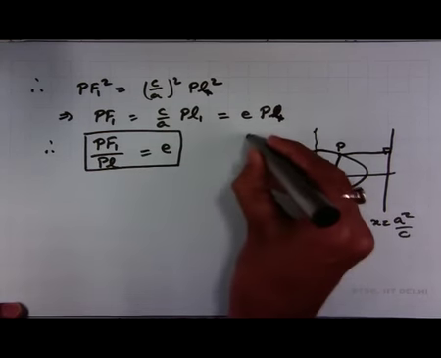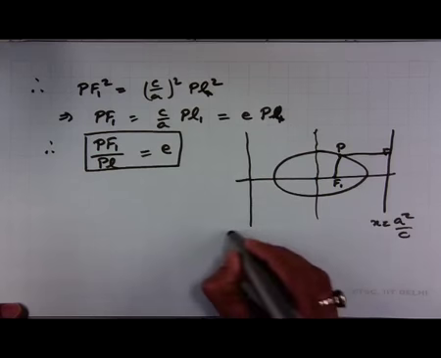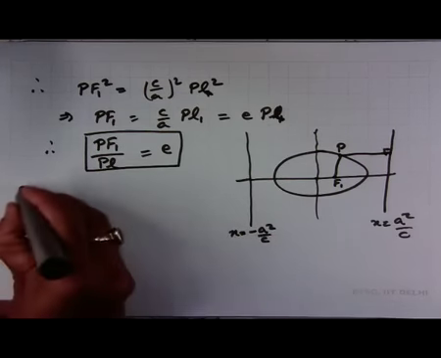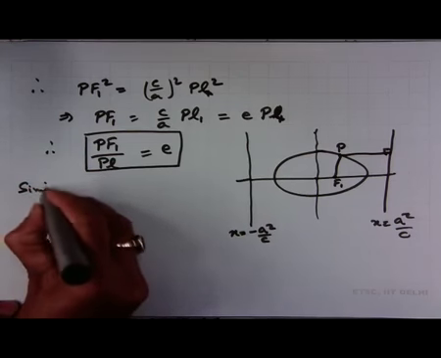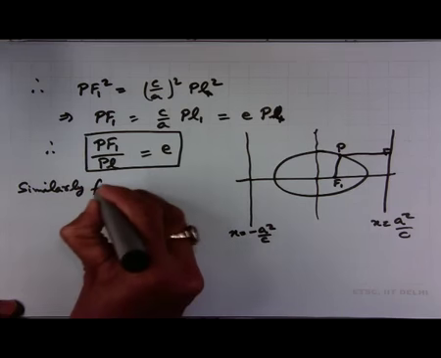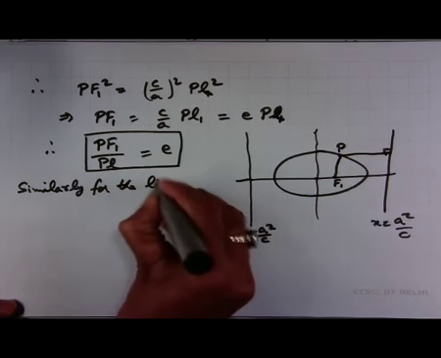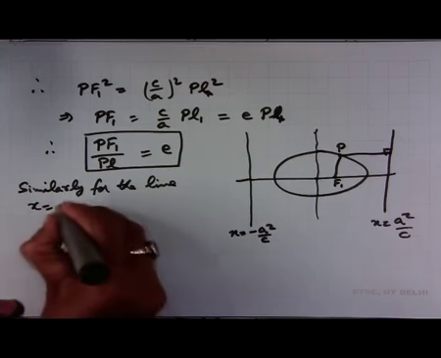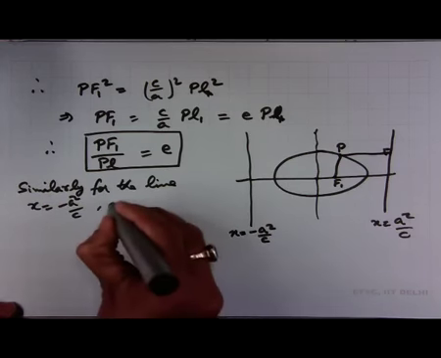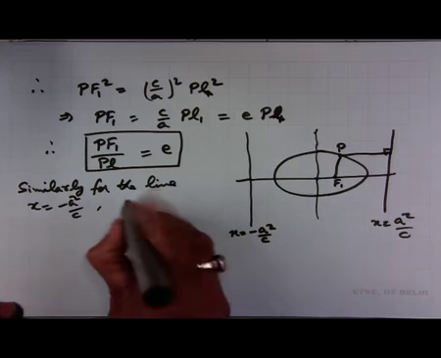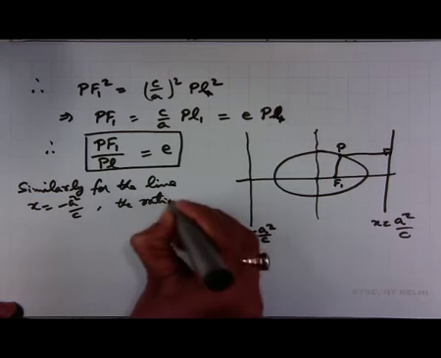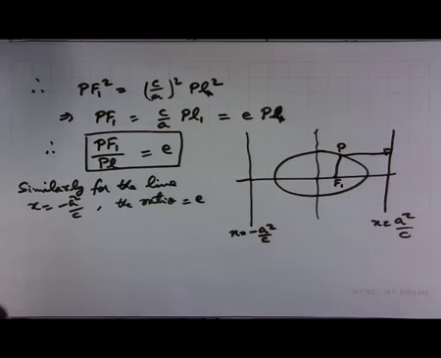Similarly, if we take the line x equal to minus a square by c, the ratio is equal to e.